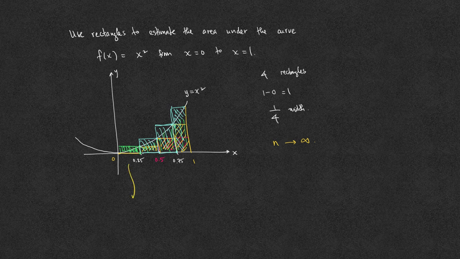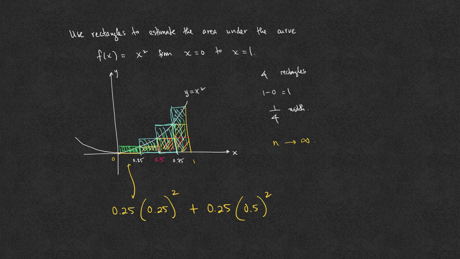Then the area of the first rectangle is the width 0.25 times the height, but the height is 0.25 squared. And then the area of the second rectangle has the width of 0.25 and the height is now 0.5 squared. And again, using the right endpoint, we obtain the x value and then plug it into the function to find how high it is.